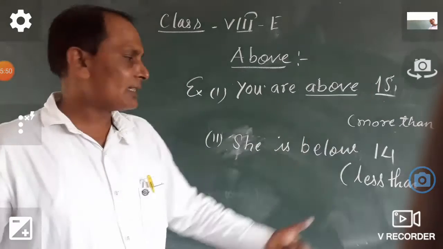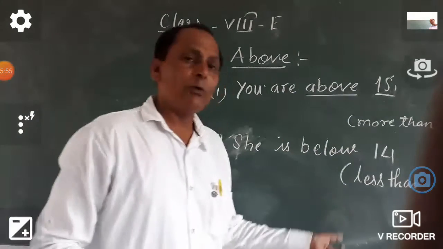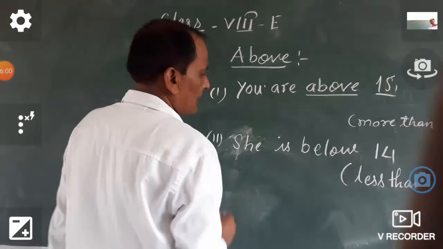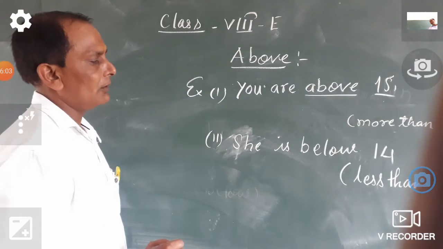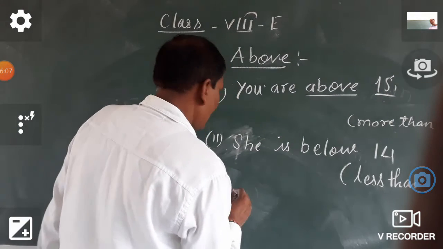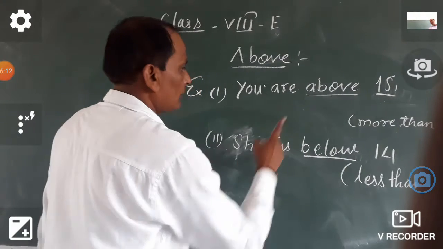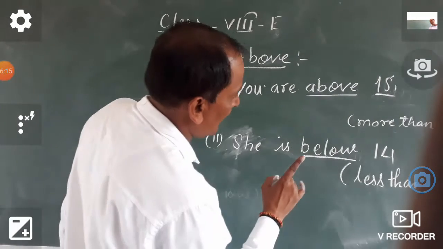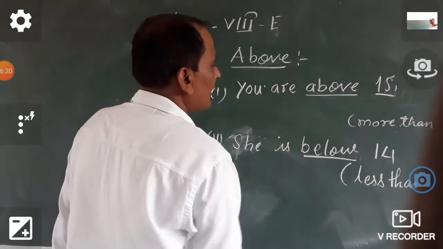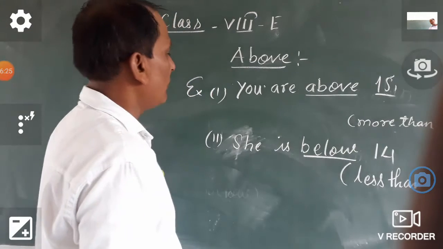Below means less than, means C is below 14, means you are less than 14. So it explains the appearance or age. What do you understand in this? These two words, below and above, are both used differently here and they tell the things more than and less than. Okay, clear to all? I think it is clear to all now.